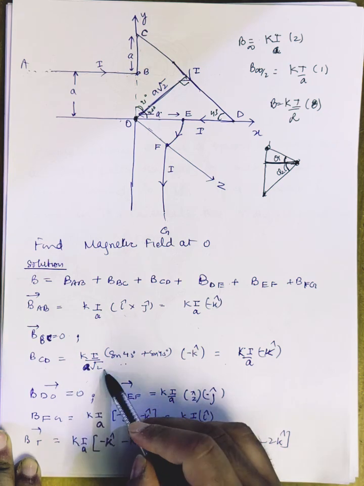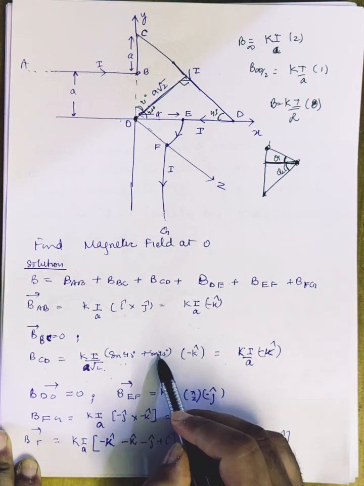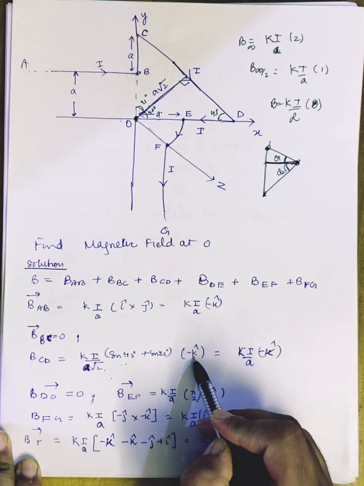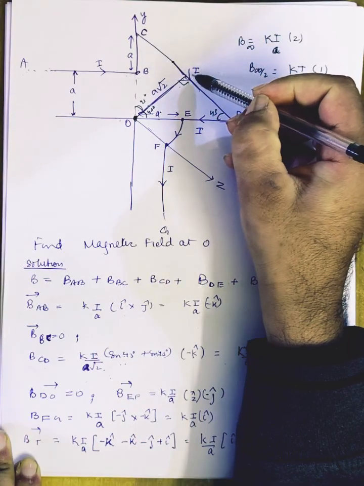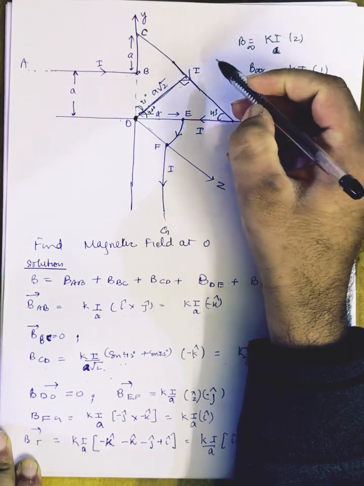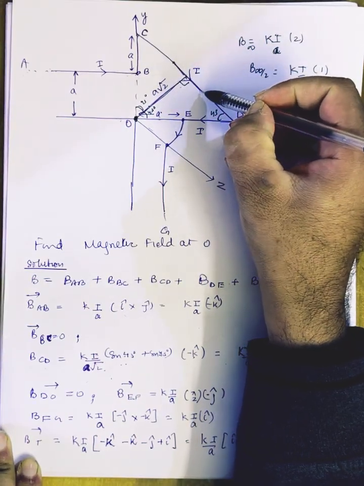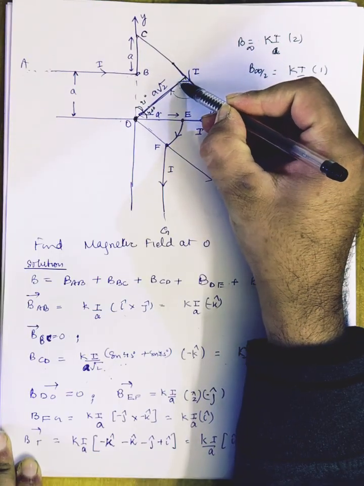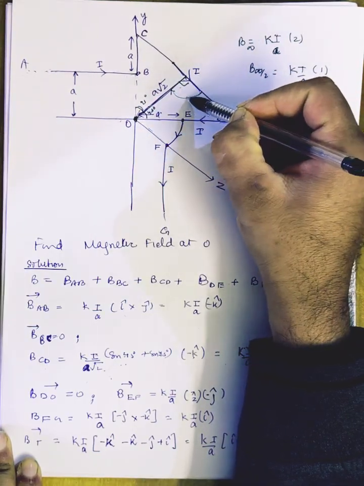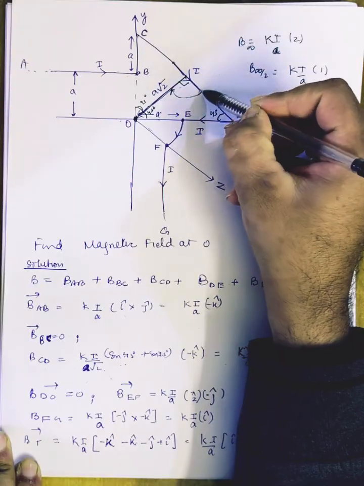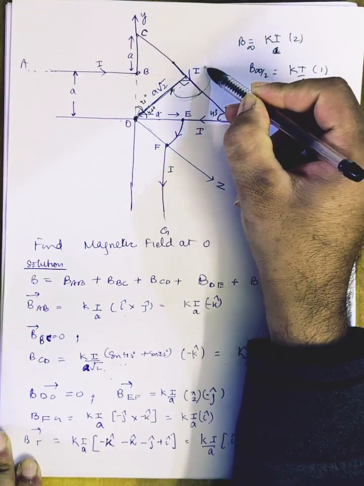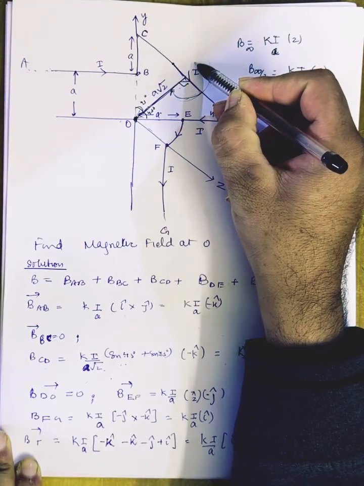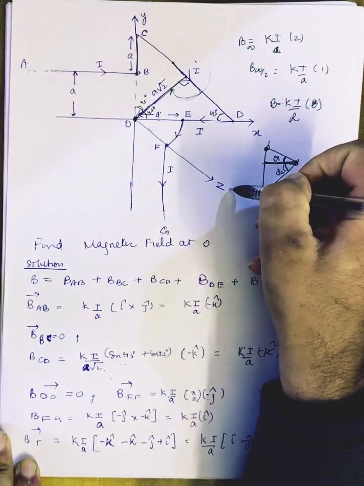So Ki by the distance from the wire, sin theta 1 plus sin theta 2, which is the same, and minus k. Because for this wire, if we do the cross product of current with the position vector taken from the wire like this, then in this plane it is clockwise, and clockwise means it is going inside the plane of the paper, which is minus k, as this is given as plus z.